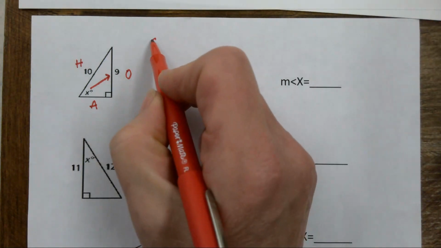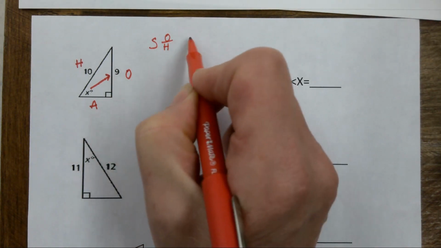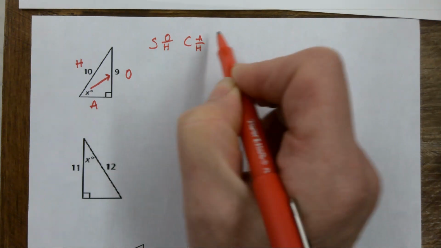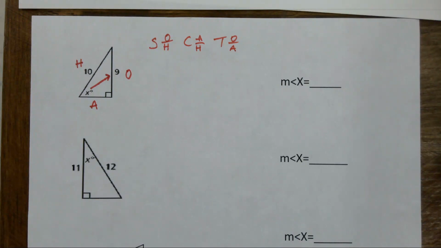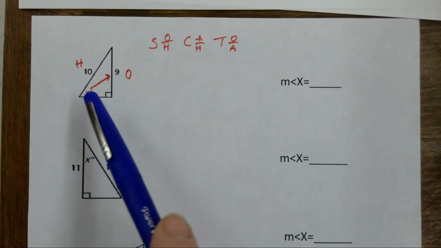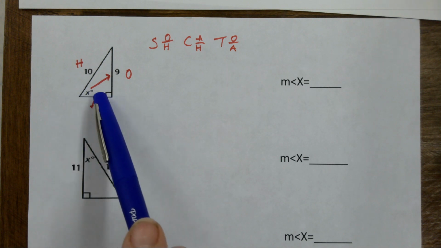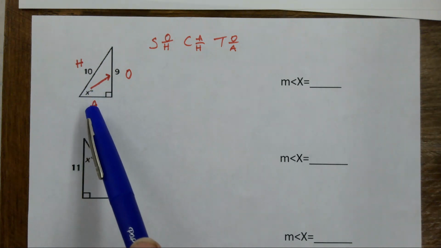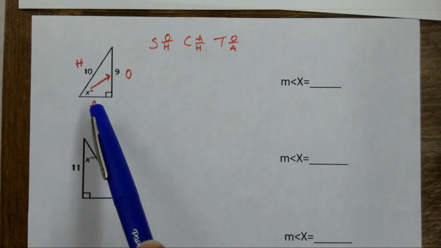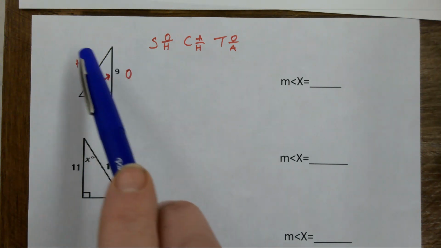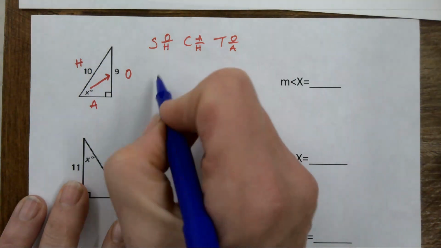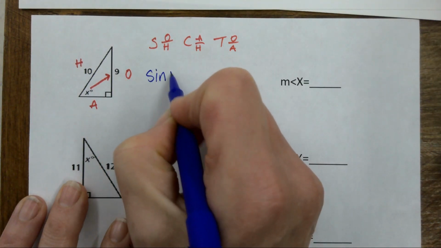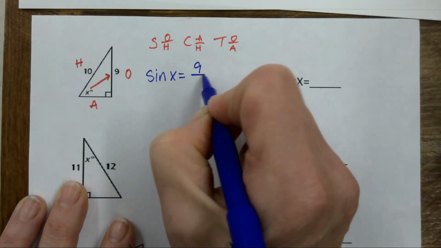I use my knowledge of SOHCAHTOA, and I take a look at what I have. The adjacent one is the only one that doesn't have a mark. So I will use opposite and hypotenuse. That's sine of x equals 9 over 10.